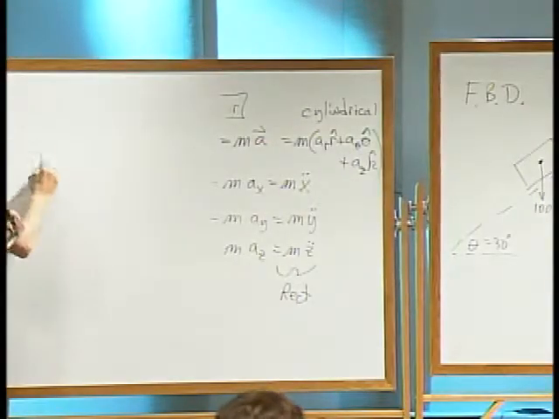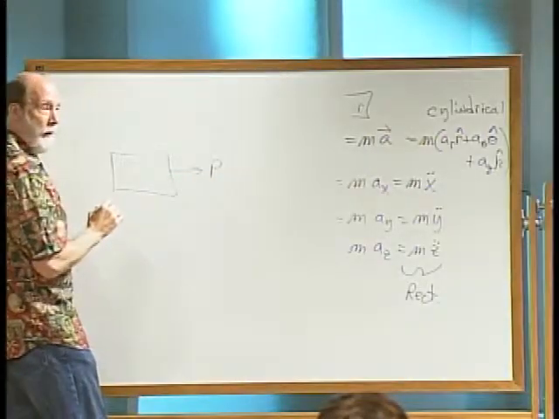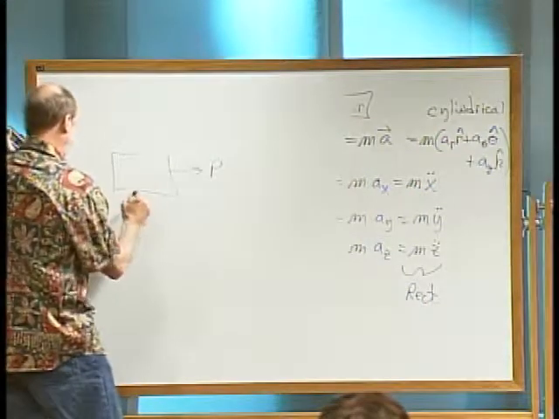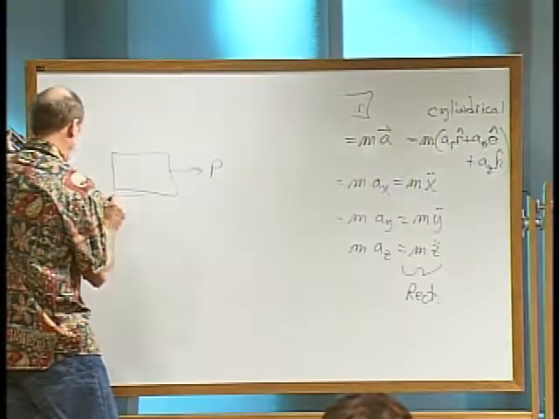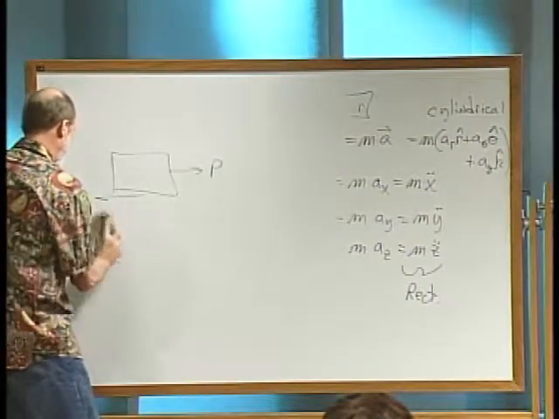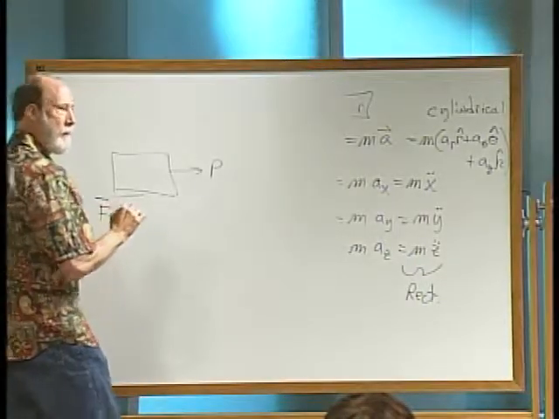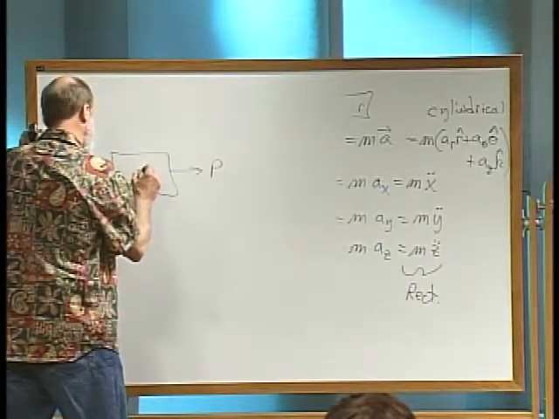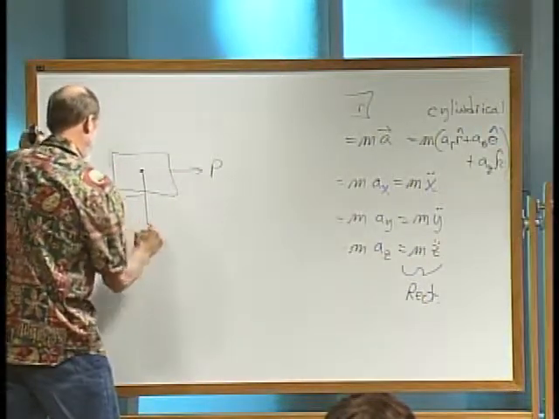Let's say we have an object and we apply some force P to that object and it's on a resisting surface. So there's going to be an opposing friction force. I'll call it F. Now, there is a weight of this object on this surface.